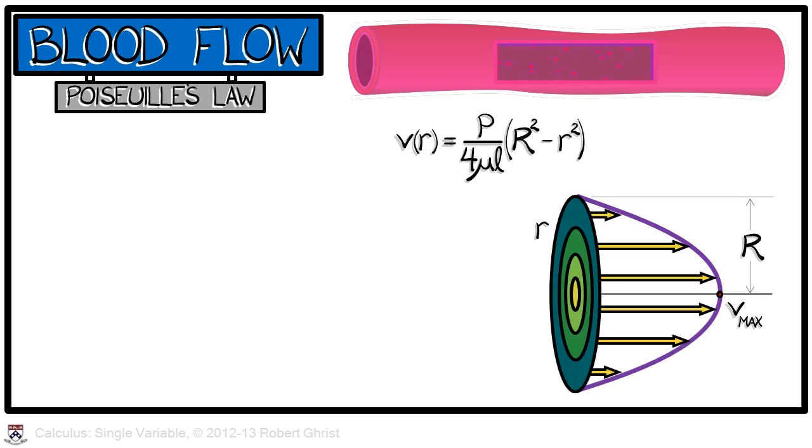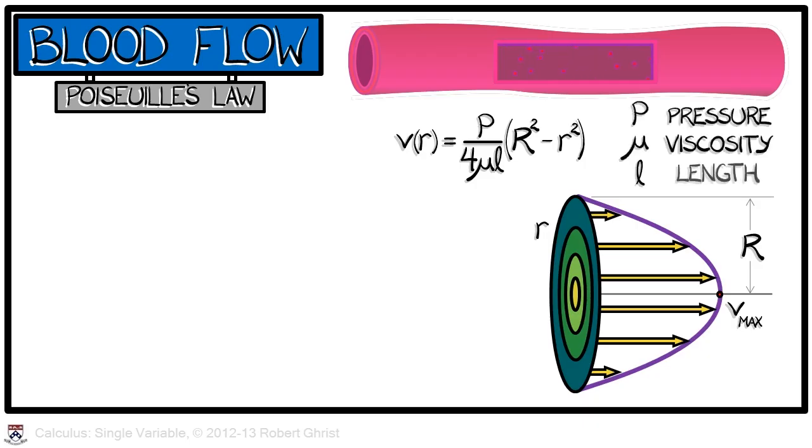Poiseuille's law says that the velocity, v, as a function of radial distance, r, is P over 4 mu L times quantity, big R squared, minus little r squared. In this case, P is a pressure, mu is a viscosity, L is the length of the vessel. Don't worry about all that stuff. It's just constants in this case. What we are going to worry about is the average velocity, v bar.